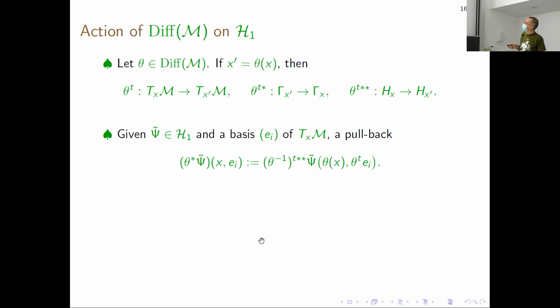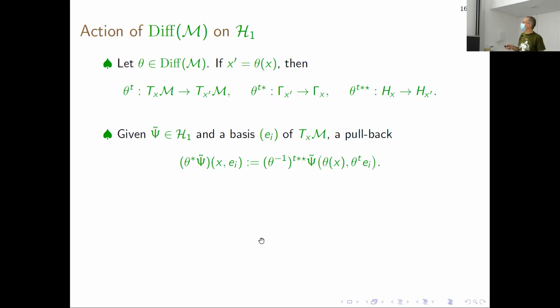If I act on it by means of this tangent map, then I obtain a basis of this tangent space. So this is an element of this Hilbert space Hx prime. So I can use the inverse of this map to produce an element of this Hilbert space.